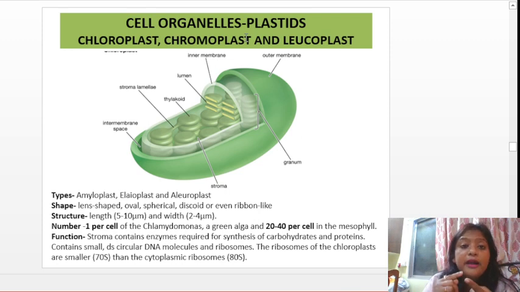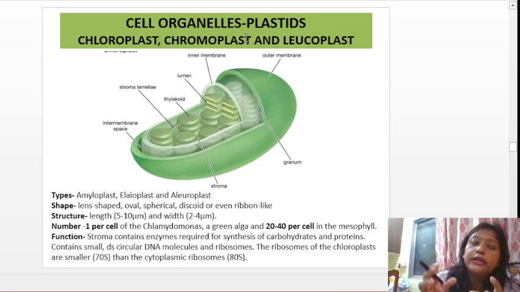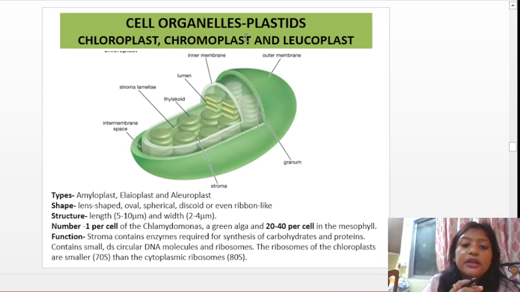When the plastid contains xanthophyll or carotenoids, it is known as the chromoplast, because they are responsible for the reddish orange color. So when xanthophyll and carotenoid pigments are present, it's known as the chromoplast.